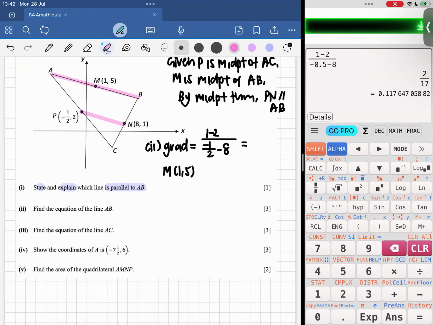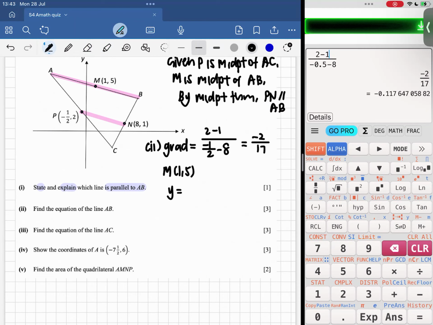Okay, so the gradient very ugly, right? So your gradient is actually 1 minus 2 and the other way around. 1 minus 2, sorry, my bad. This one should be 2. I use negative, so 2 minus 1. Okay, so this is the gradient. So negative 2 over 17. So using these two, I'm sure you all can find the equation.